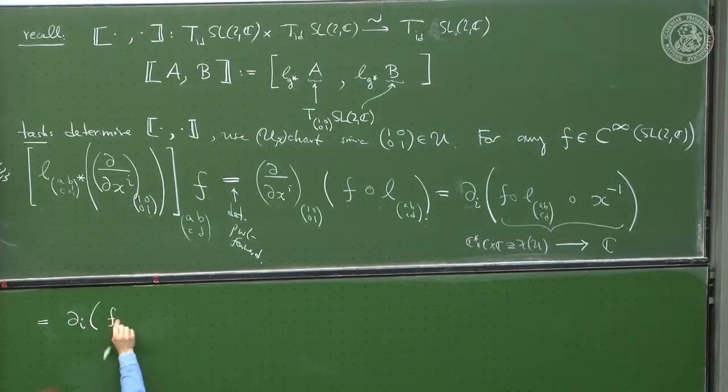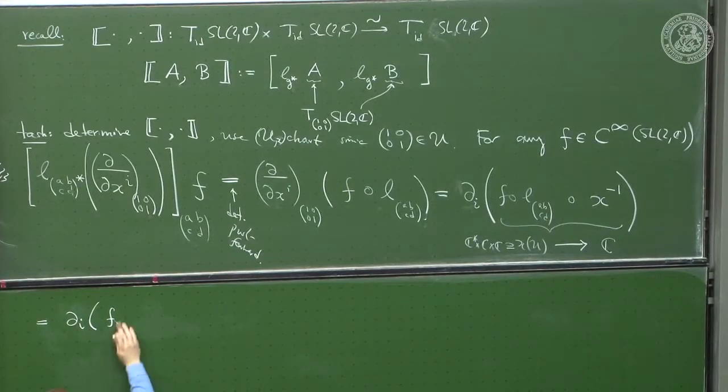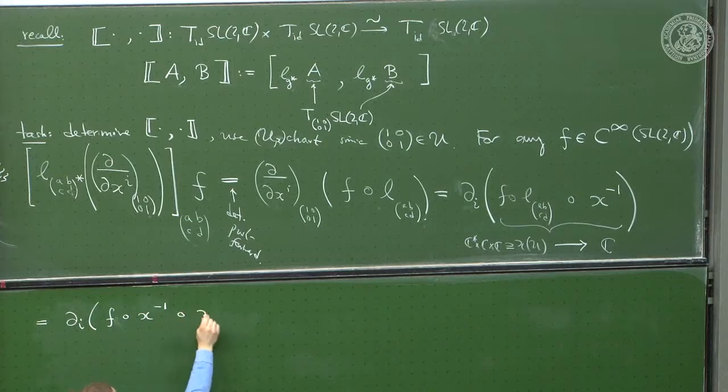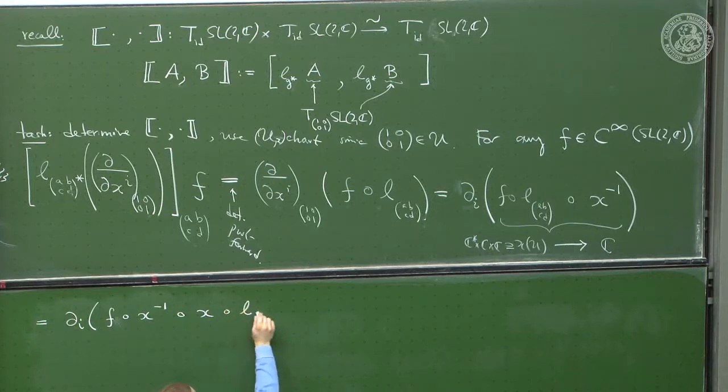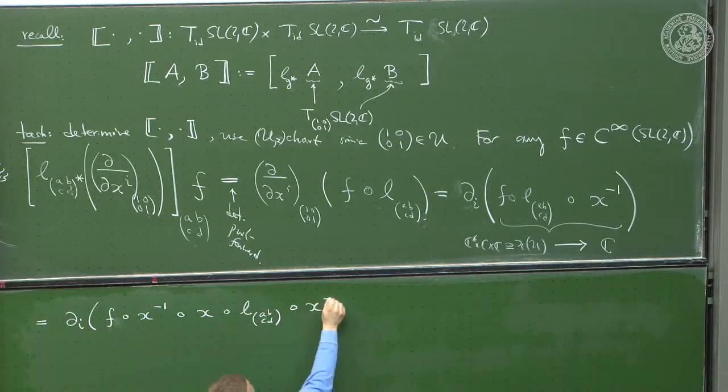I write del i, Li of f after x inverse after x, after L sub a, b, c, d after x inverse. Well, that obviously has no effect. Very obviously, nothing at all happened.